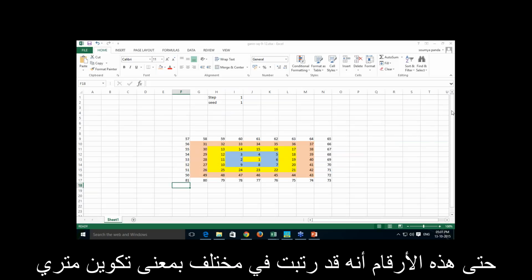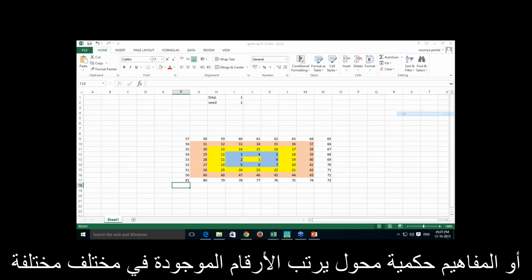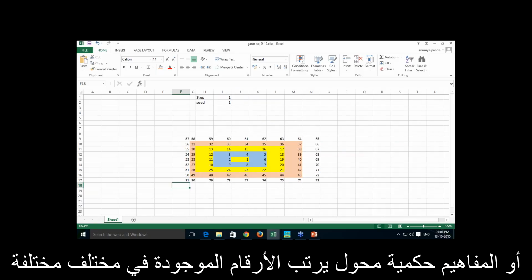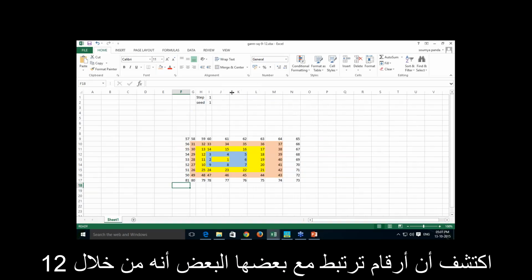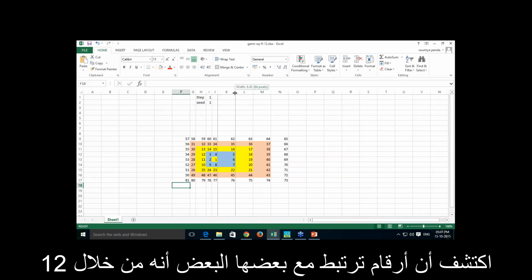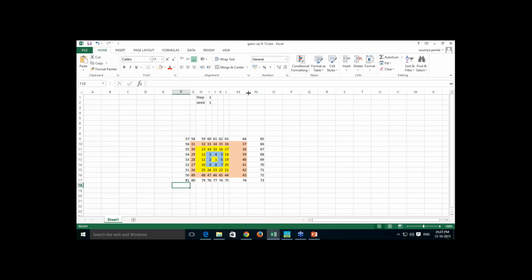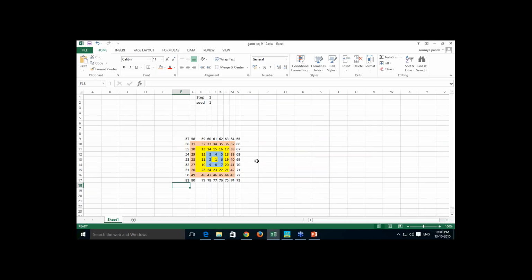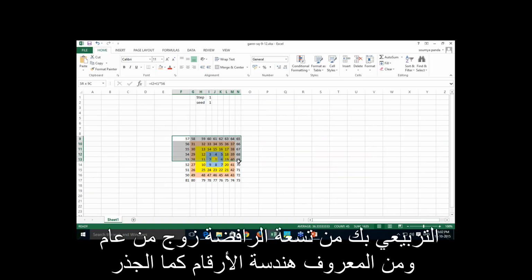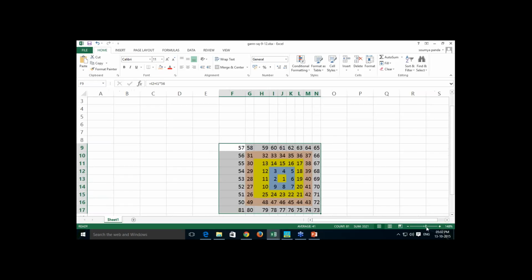These numbers he has arranged in different geometrical configurations or geometrical shapes, and after arranging those numbers in the different geometrical shapes, he found out that the numbers are related to each other through a geometrical relationship. That relationship of geometry of the numbers is known as your square of 9 or square of 12 principle.